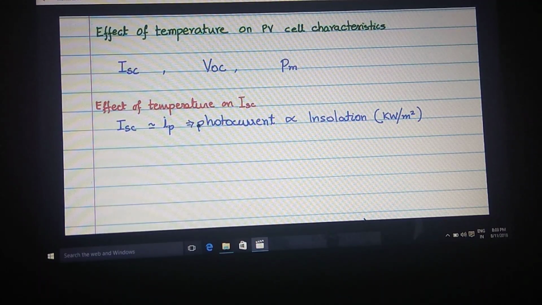So in summary, ISC increases as temperature increases. And this is a very small value. It is around 0.1% per degree Kelvin or per degree centigrade for silicon.